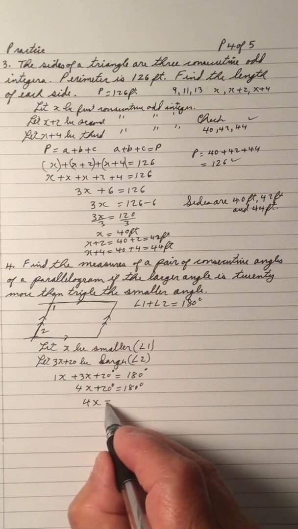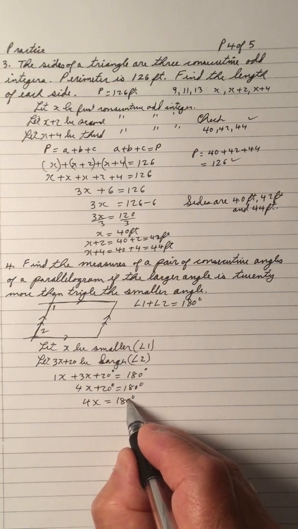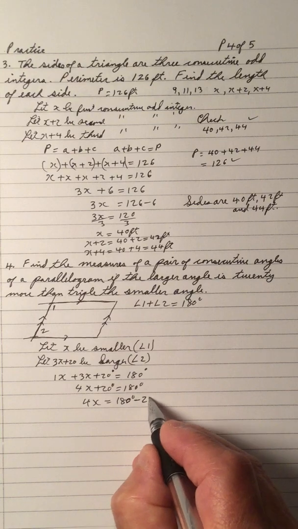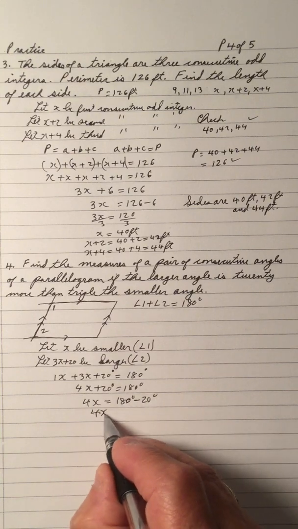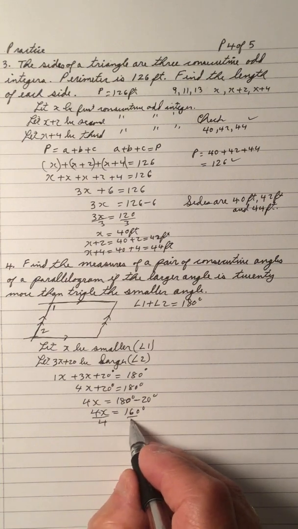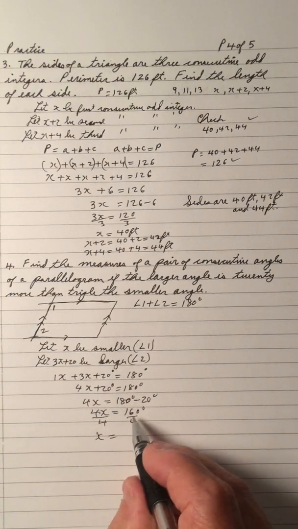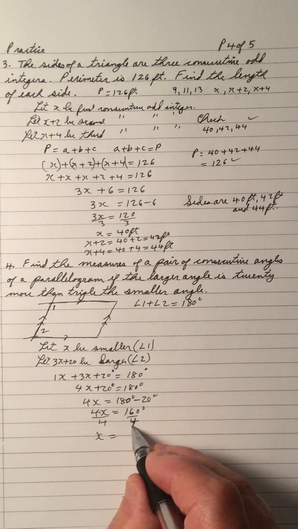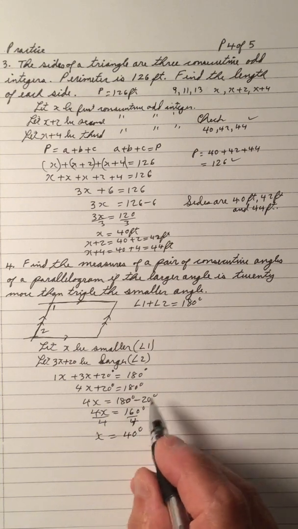So 4x equals 180 minus 20. 4x equals 160. Divide by 4, and I get x is 160 divided by 4 is 40.